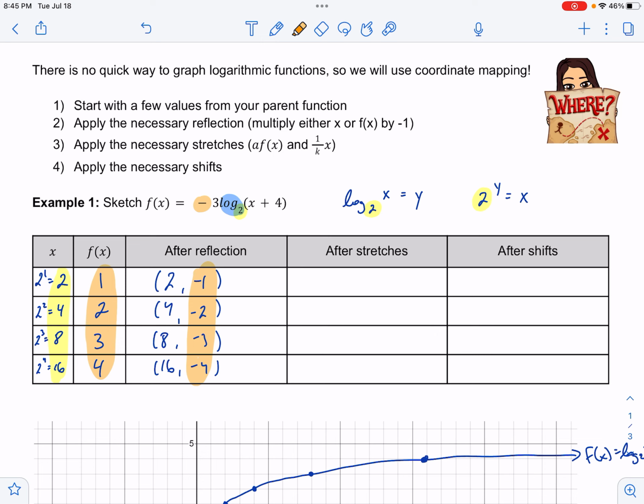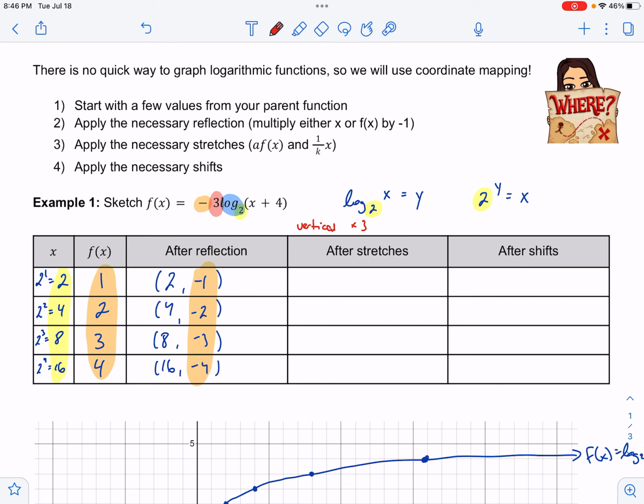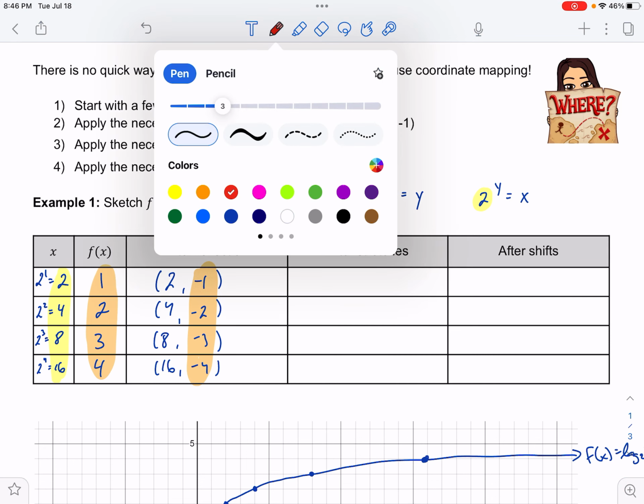The next thing that we have to look at is our stretches. What stretches do we have here? We have a vertical stretch by a factor of 3. So we need to multiply all of our y values by 3. X values once again remain the same.